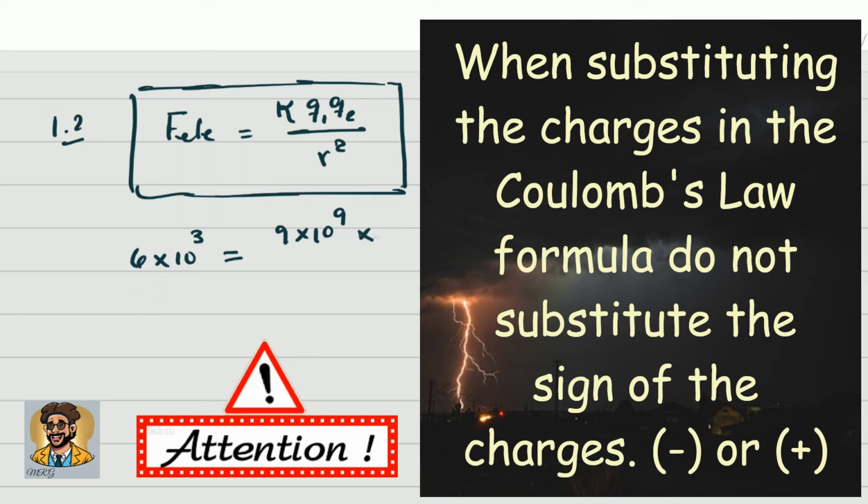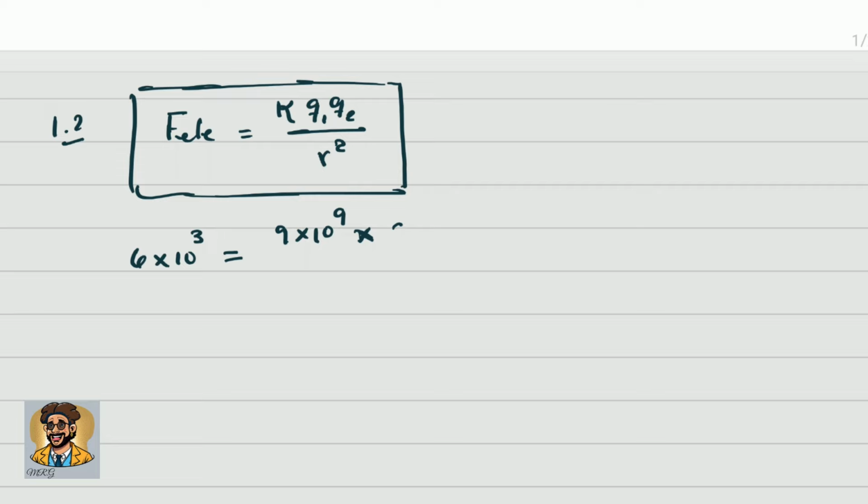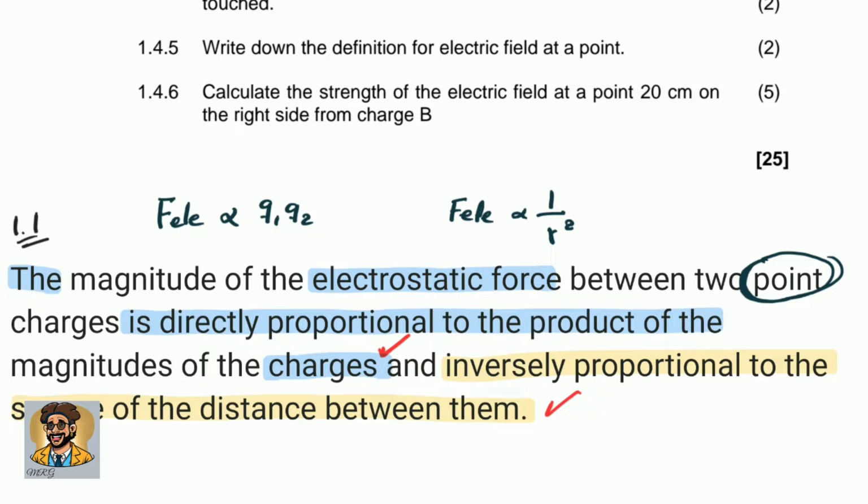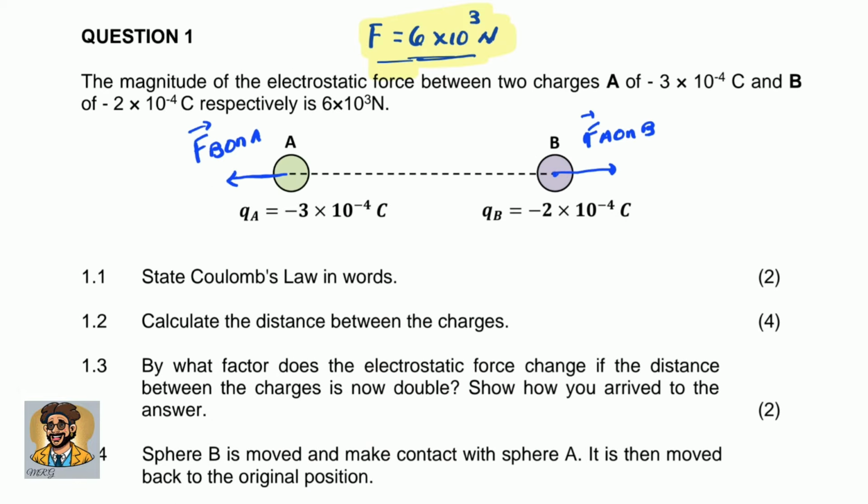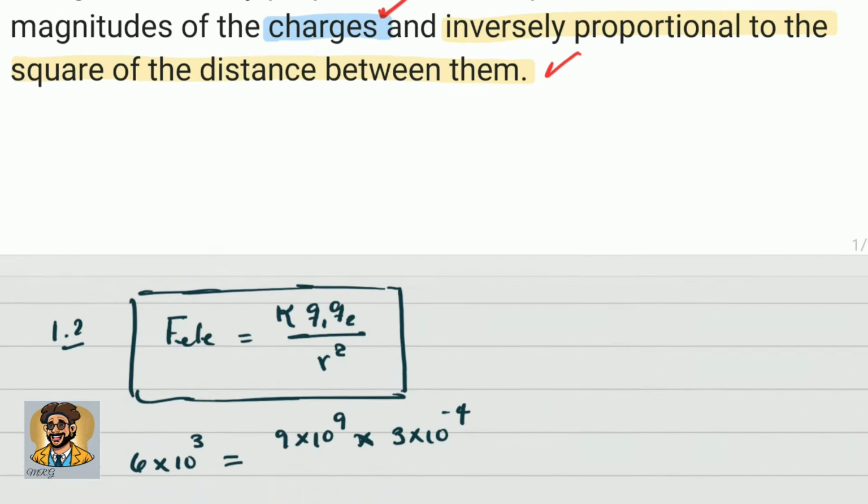I'm going to multiply by the charges, and something important: when you're using this formula, you do not substitute the signs of the charges. So this is 3 times 10 to the minus 4. Note, I didn't substitute the sign. They are negative, but I'm not going to substitute that in the formula here.